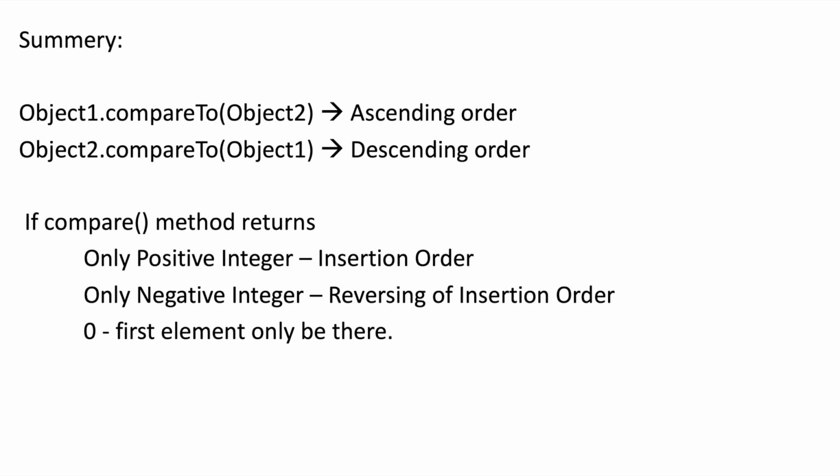If it returns only negative ones, the elements will be ordered according to the reverse of insertion order. If this compare method returns 0, only the first element will be there in that TreeSet, and the remaining elements will not be there. So by using a comparator, we can perform our own customized sorting.